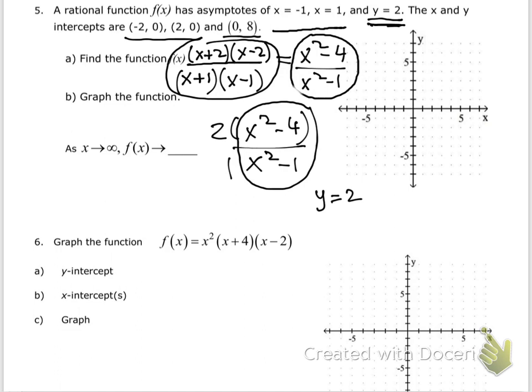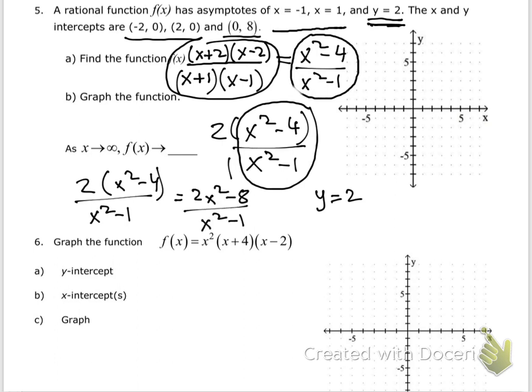So if I write this, 2 times x squared minus 4 over x squared minus 1, if I just do the distributive law on the numerator, I'll get 2x squared minus 8 over x squared minus 1. Now look, of course, if x equals 0, I will get -8 over -1, which is +8. And of course, there's my horizontal asymptote of 2.